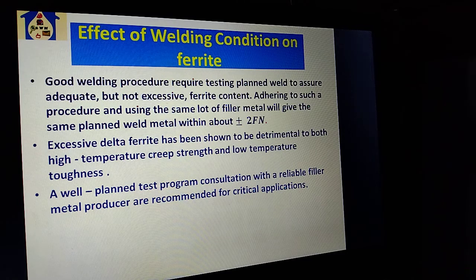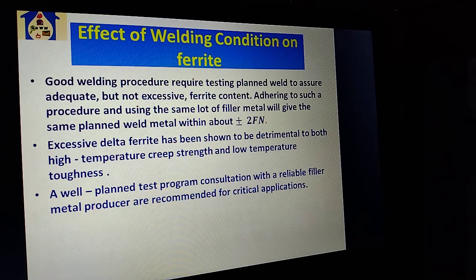Good welding procedure requires testing. A planned weld assures adequate but not excessive ferrite content. Adhering to such a procedure and using the same lot of filler metal will give the same planned weld metal within about plus or minus 2 Fn.